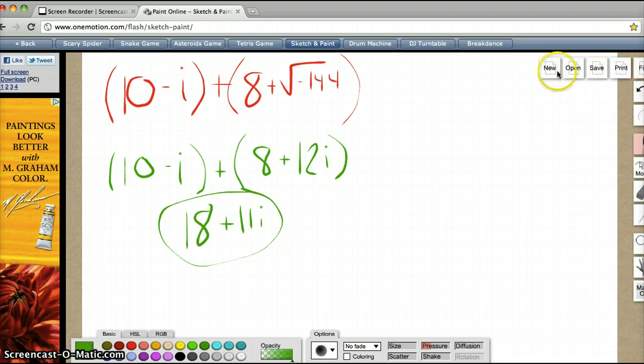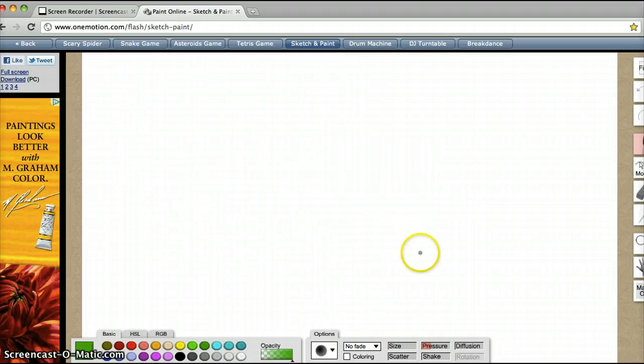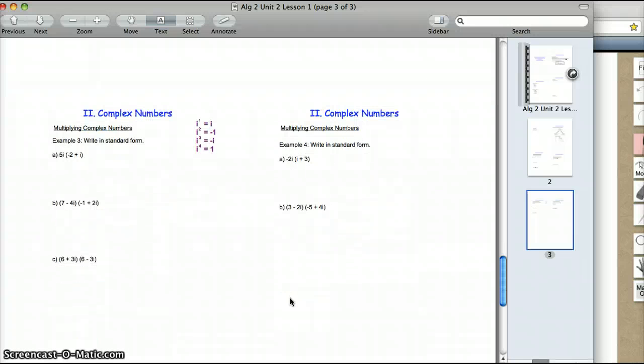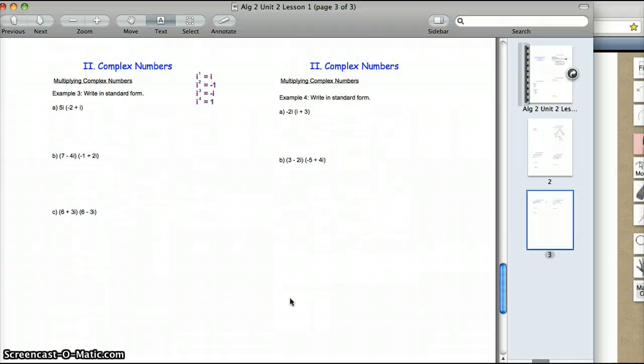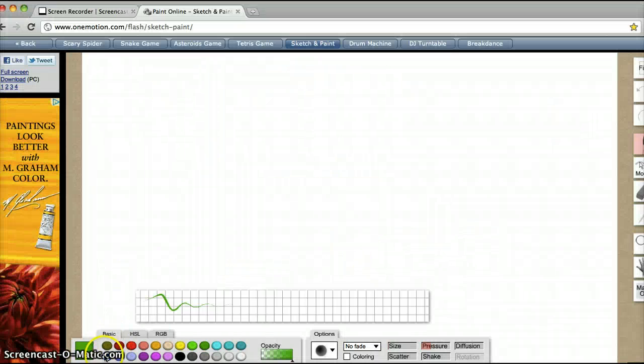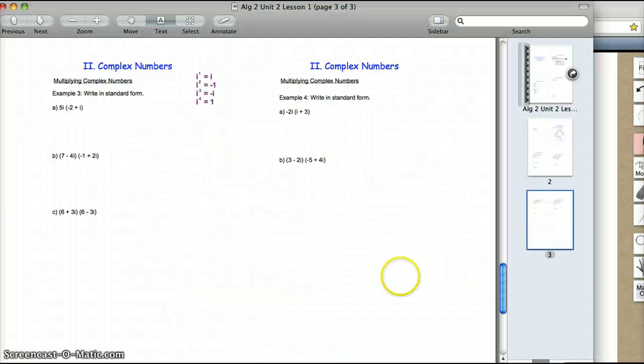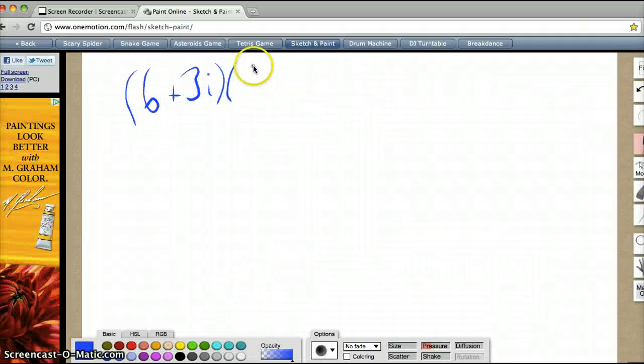Okay? Now, that's how you add and subtract complex numbers. Now let's do one example where we multiply complex numbers. So let's try example number C. It says 6 plus 3i times 6 minus 3i.